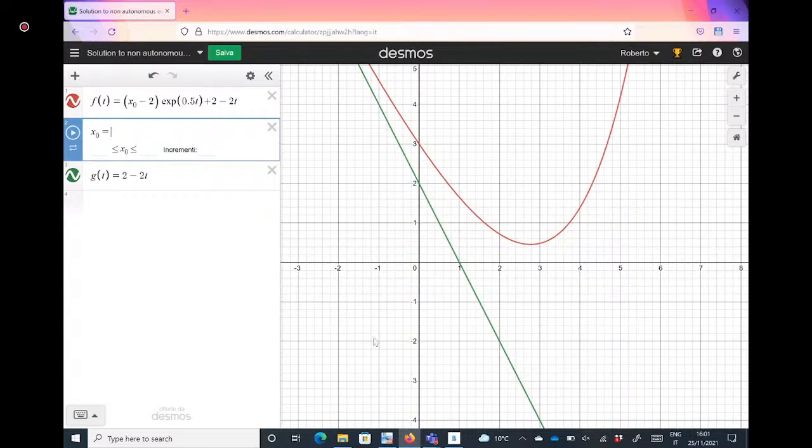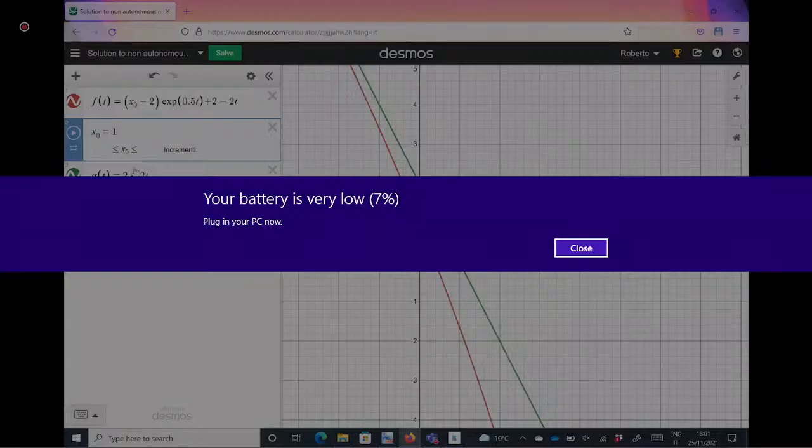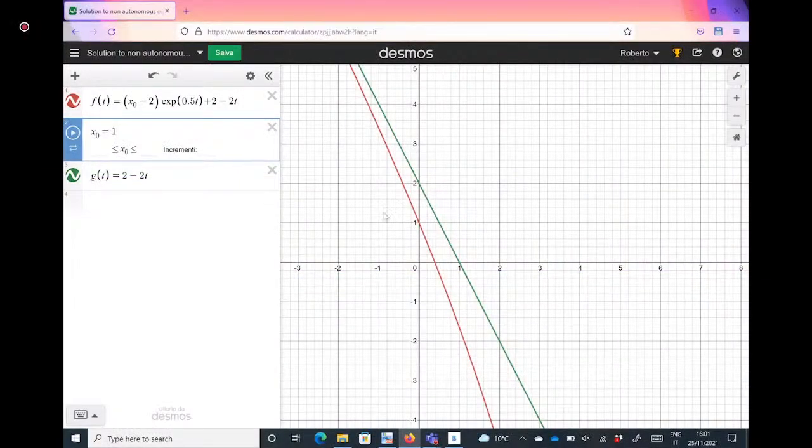If it is 4, you get something like this. If it is 1, so it lies below, you have something like this. So basically our particular solution that we found in this way plays somewhat the role of the steady state. In this case it is unstable, you see.